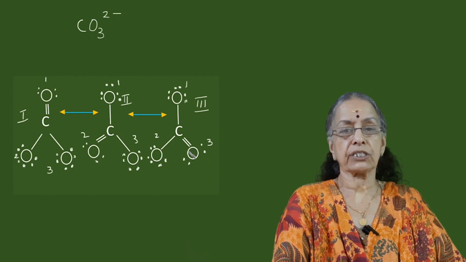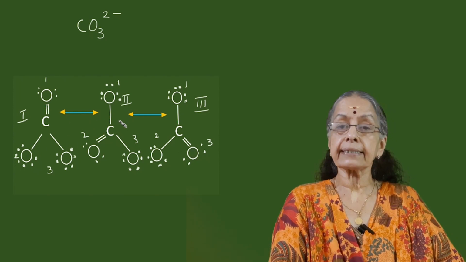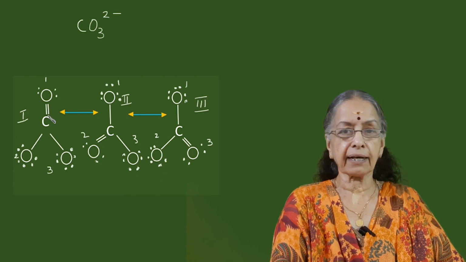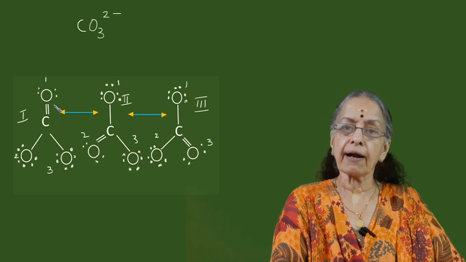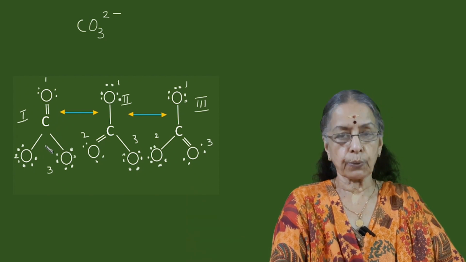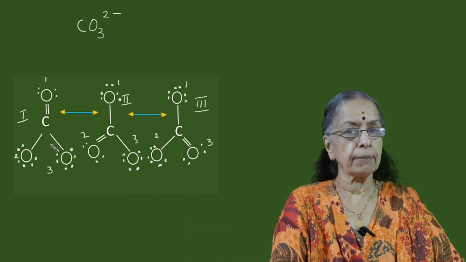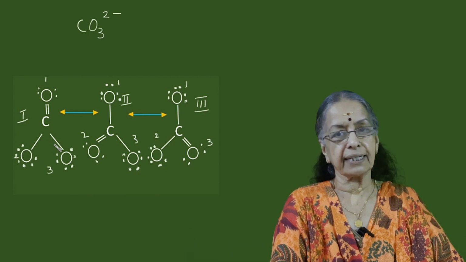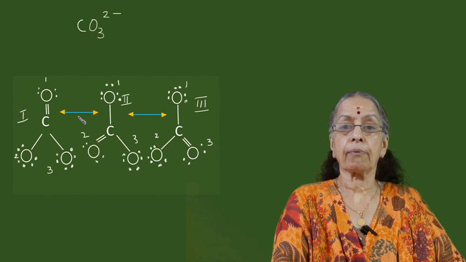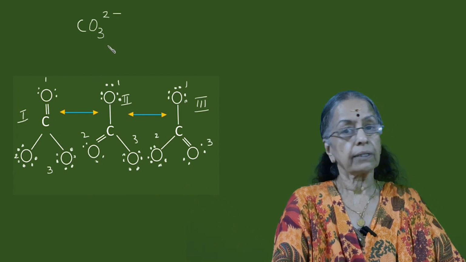But when it is measured, in the carbonate ion, all the three bonds have the same length. So there are no three forms. There is only one form, and it has a bond length in between the bond length for the double bond and the single bond. So it suggests that all the three bonds have partial double bond character.